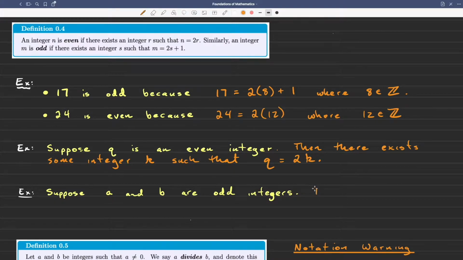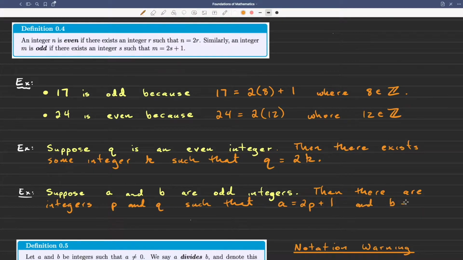Well, we could do something like this. We could say, well, then there are integers. Got to give these new integers some names, p and q, such that a is equal to 2 times p plus 1, because it's odd, and b is 2 times q plus 1. Now notice, I didn't say b is also 2 times p plus 1.